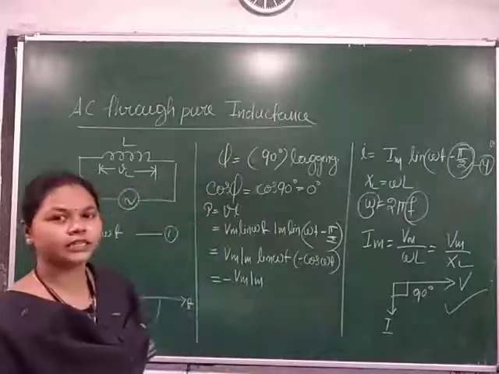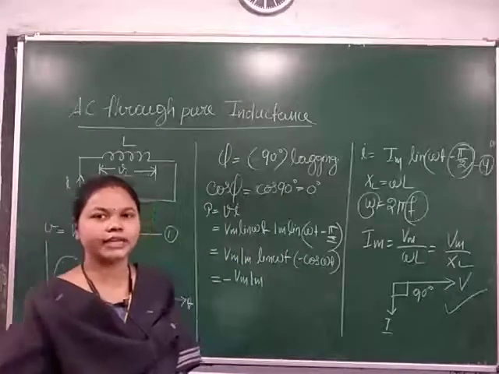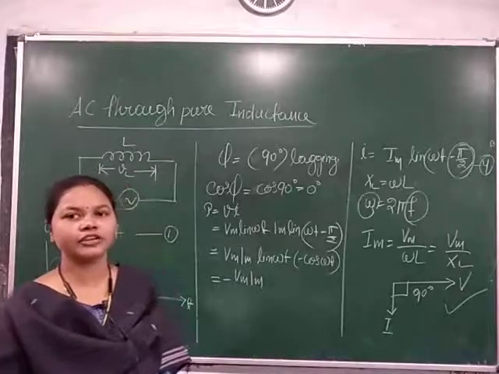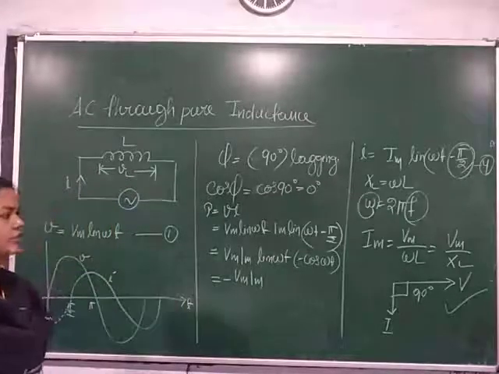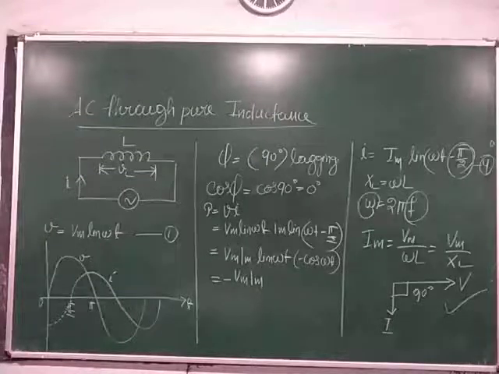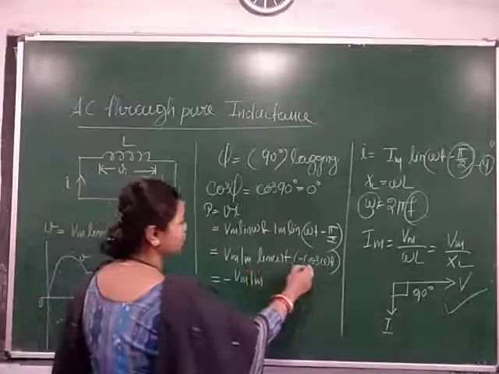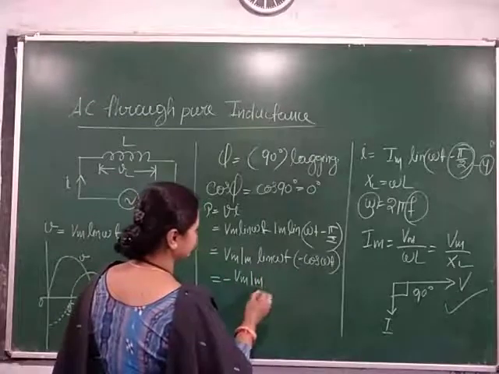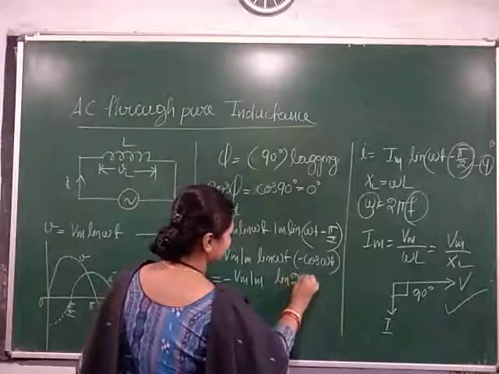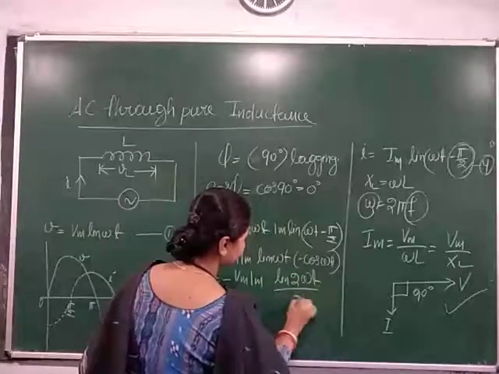Okay, you know that sin 2 theta is 2 sin theta into cos theta. So by using this trigonometric formula, you find this sin omega t cos omega t is sin 2 omega t by 2.